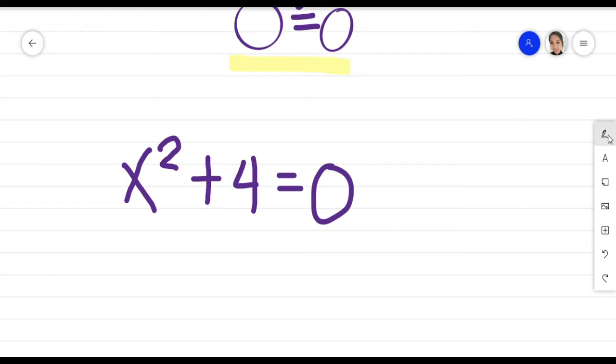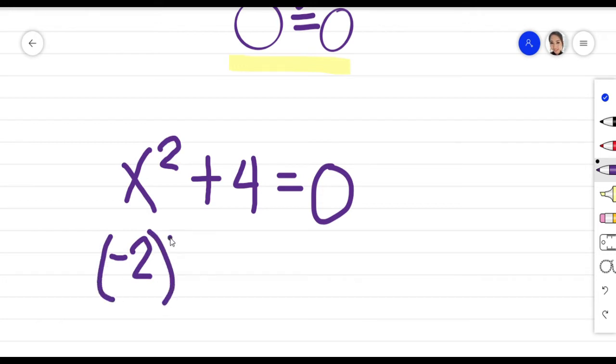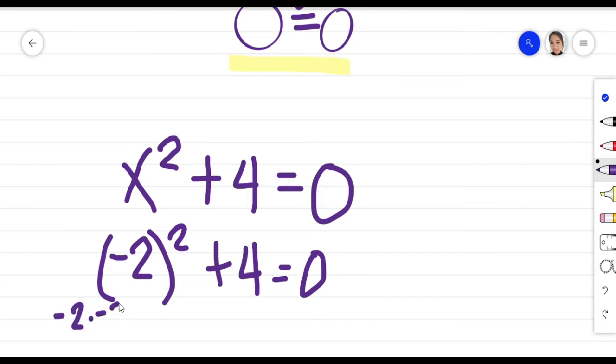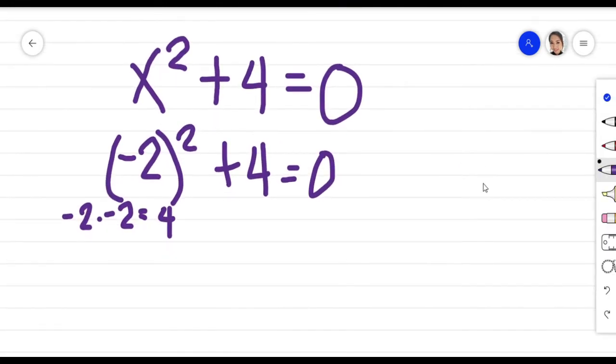Now let's say we try -2. Now -2 squared is equivalent to +4. Right? That's 4.